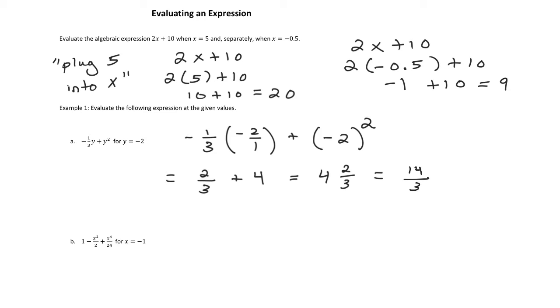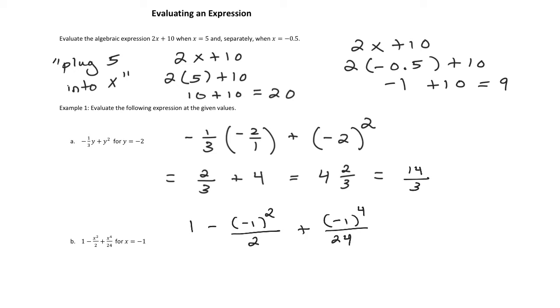All right, let's look at part B. Same idea. In this case, in the place of every x, I'm going to put negative 1. So we have 1 minus negative 1 squared over 2 plus negative 1 to the 4th over 24.